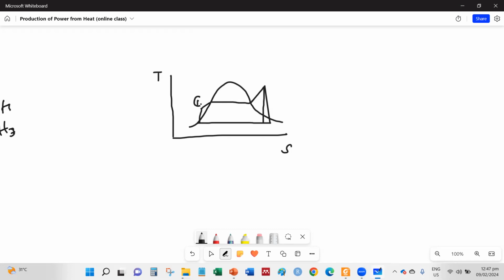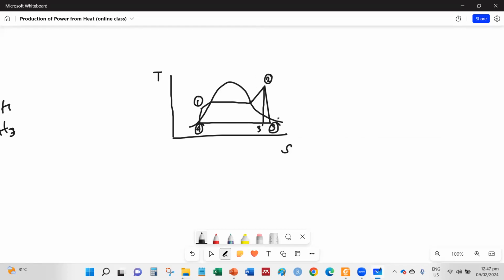By convention, entry to the boiler is point 1, entry to the turbine is point 2, entry to the condenser is point 3, and then we have 3 prime here. Then entry to the pump, 4. So this is a Rankine cycle.